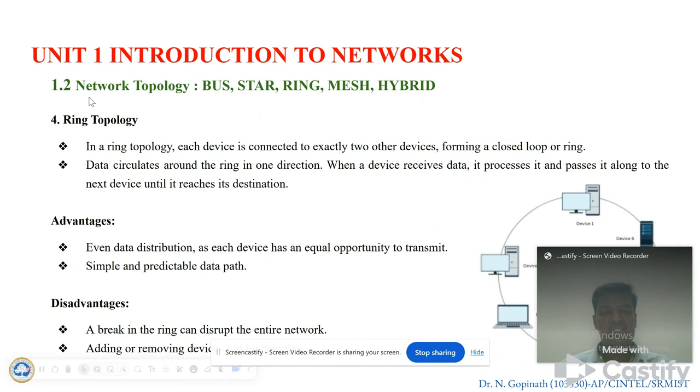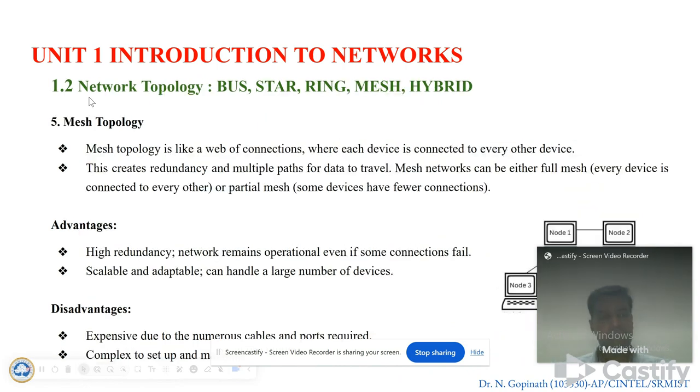In a ring topology, each device is connected to exactly two other devices, forming a closed loop or ring. Data circulates around the ring in one direction. When a device receives data, it processes it and passes it along to the next device until it reaches its destination.